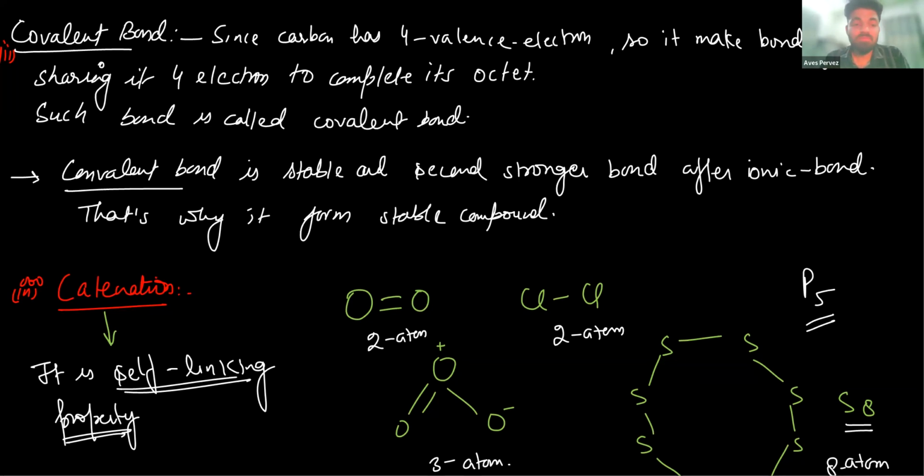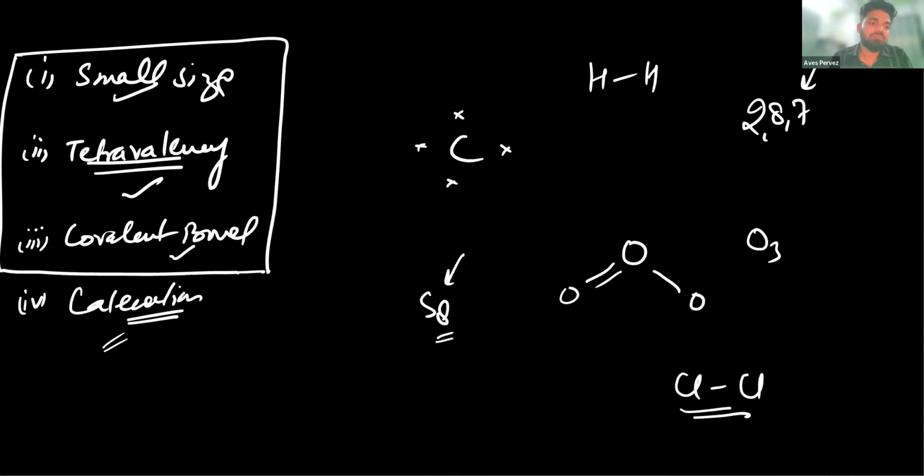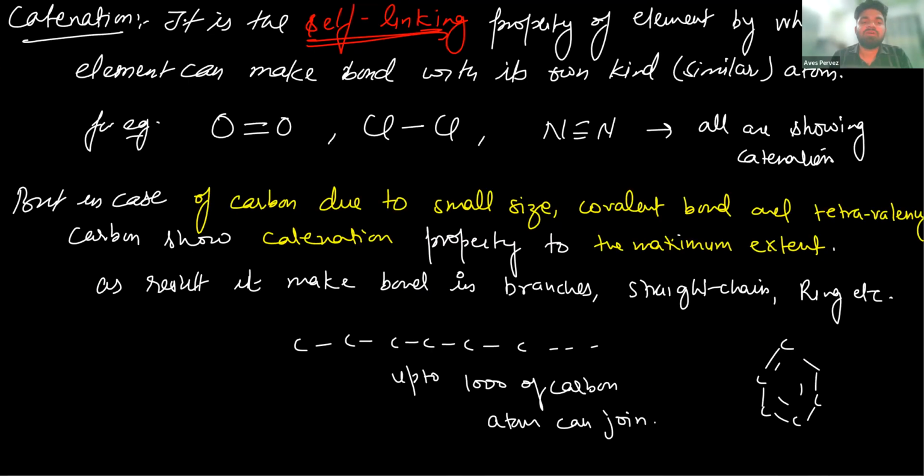Next, catenation property. Note it down. What is catenation property? It is a self-linking property of an element by which it can make bonds with its own kind.